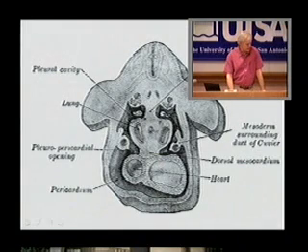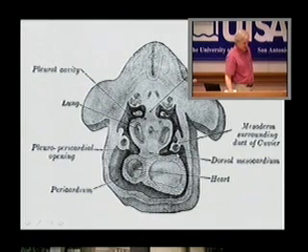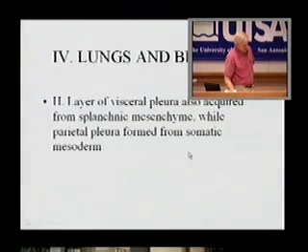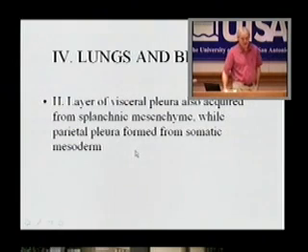And the dorsal mesocardium will go away, except where it's reflected onto the major vessels of the heart, and the heart will be suspended within its separate pericardial sac, and the lungs within the pleural sac in the chest region.